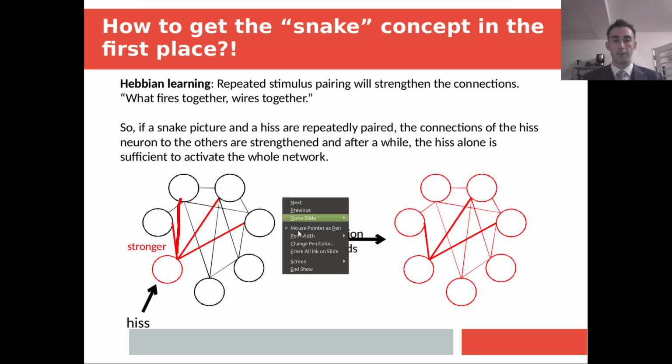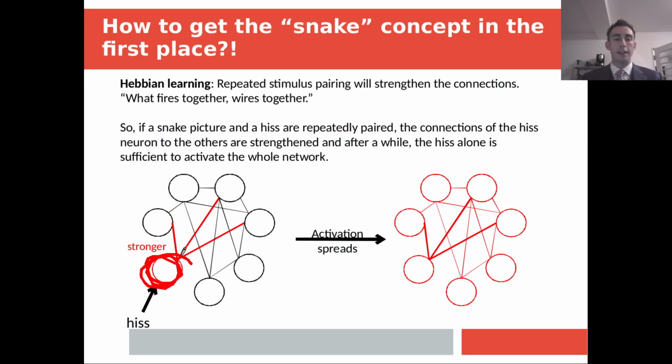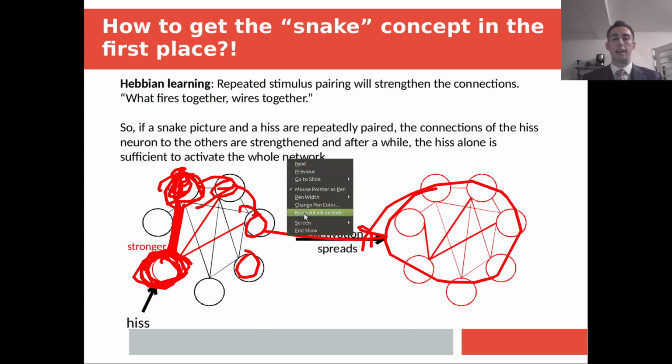So if you repeatedly have a hiss and a snake picture, then the connection between them will strengthen, until maybe afterwards the hiss by itself is enough to activate the snake picture and all the rest of the neurons, and that activates the whole snake concept.